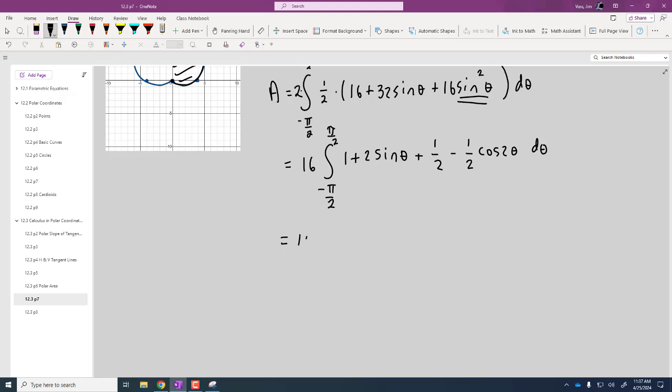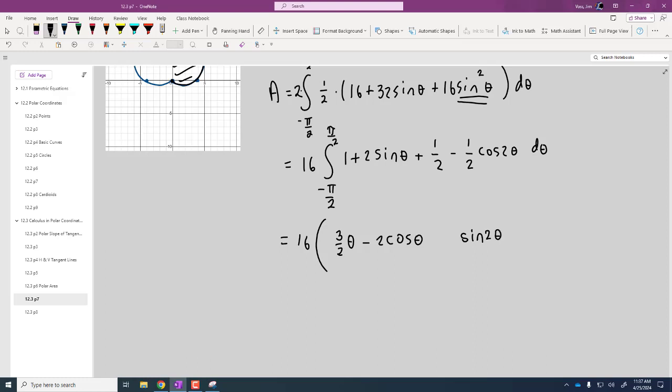So we're going to have 16, and if we integrate, we've got the 1 plus 1/2, which is 3/2. If we integrate 3/2 with respect to theta, we get 3/2 theta. If we integrate sine, we get negative cosine of theta. And then we integrate this over here. We integrate cosine, so we're going to get sine of 2 theta.